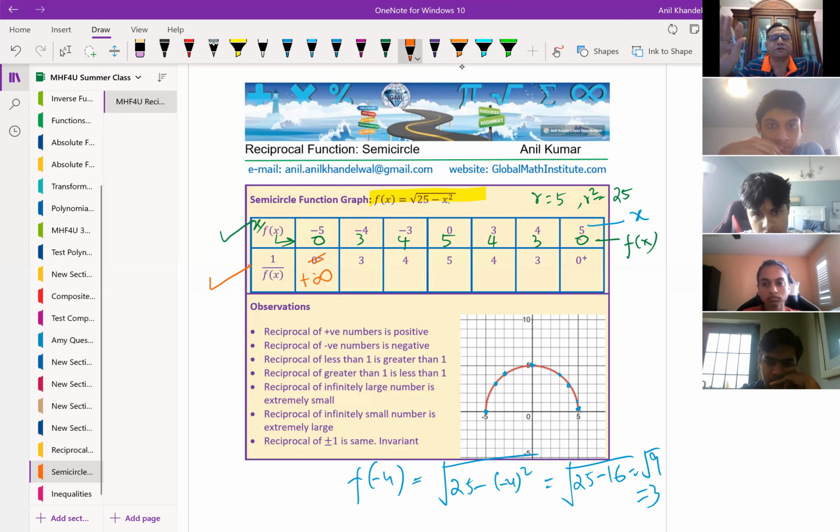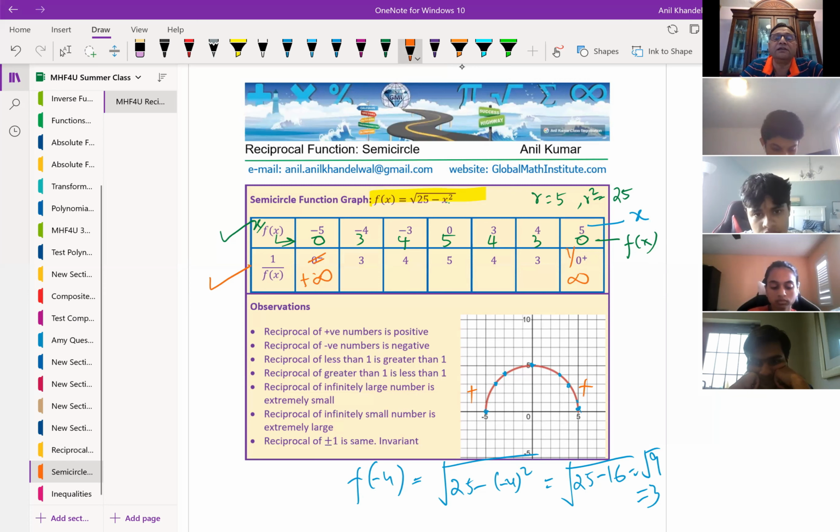I'm sorry. Wait. Minus 5 gave us 0, but this is positive, right? This is all positive. So we are getting everything on the positive side. All are positive. So the reciprocal of 0 is infinity. So here you will approach infinity. Is that okay? Yeah. Okay. Similarly, on that end, also you will approach infinity, because we are doing 1 over 0, right? Yeah. I wanted to show that, but it's also positive side. So both will go to infinity.